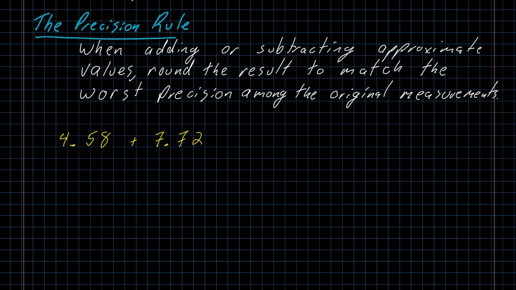Not all of the time, but most of the time, values that you are adding or subtracting are going to come from the same measuring tool, and so they will have the same precision. In this case, both of these values are precise to the nearest hundredth, 0.01. So when we add them, it doesn't matter which one is better or worse, they're the same.